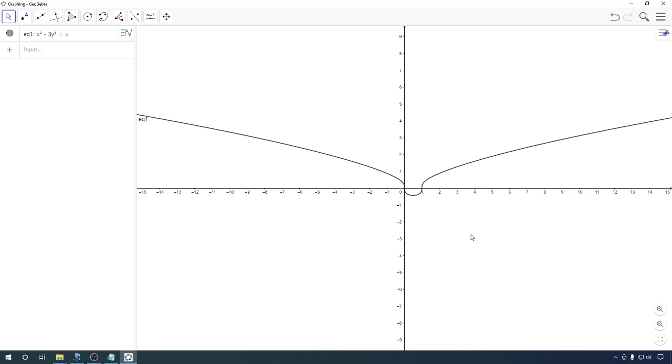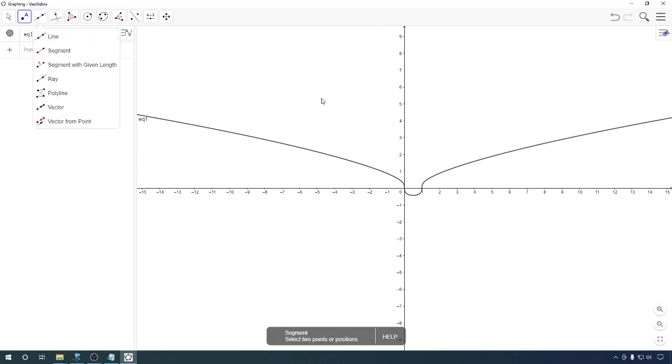In fact, most equations are going to give us a curve, where we can just follow along the curve, and it's nice and smooth. Not all equations, but most of them will be similar to this.